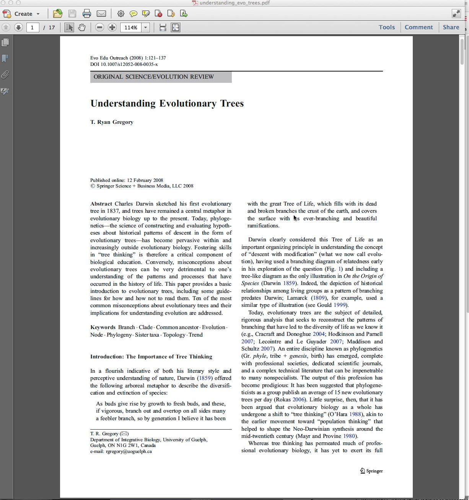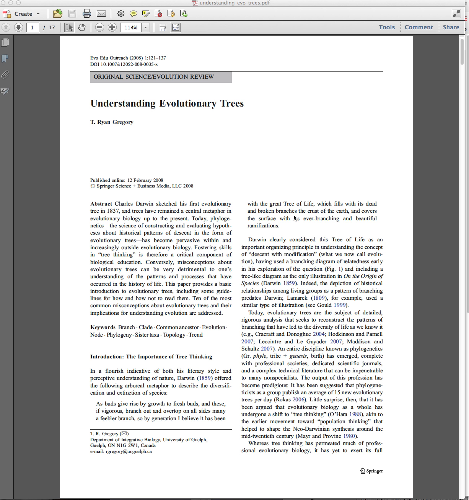So underlying this entire unit is going to be understanding evolution, in particular evolution as represented on phylogenetic relationships and phylogenetic trees. So we're going to start off the unit by reading this really fantastic article about how to understand evolutionary trees.